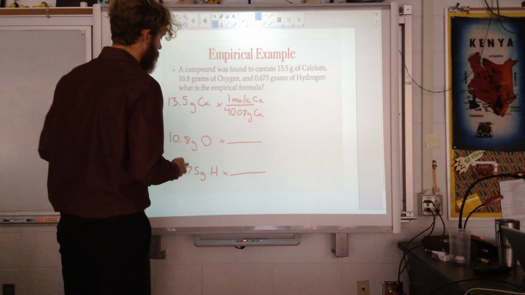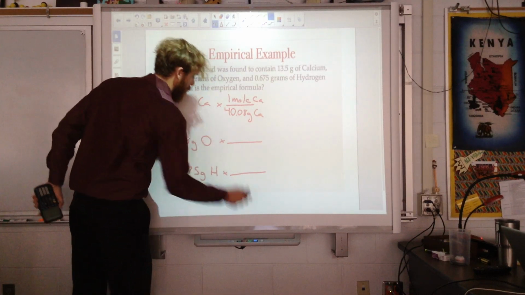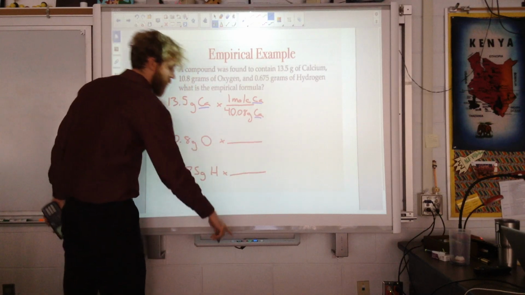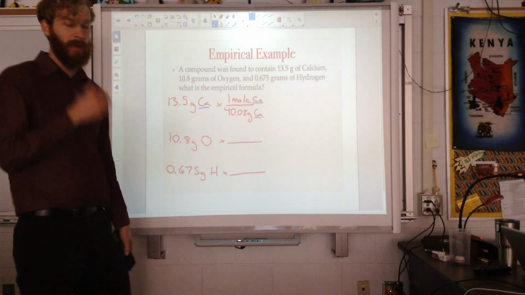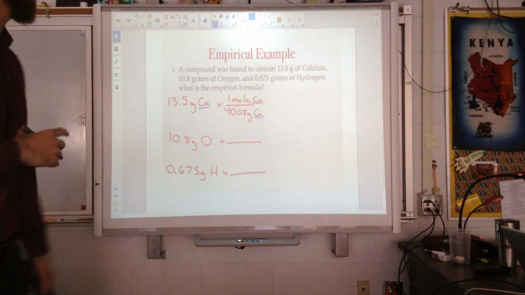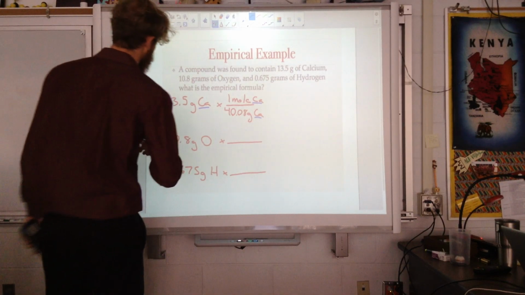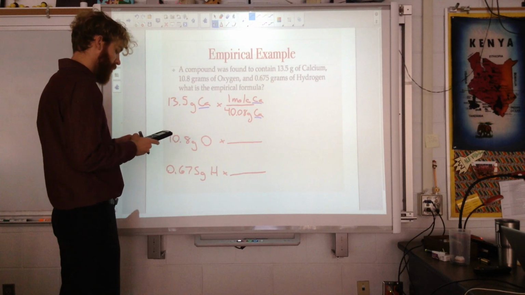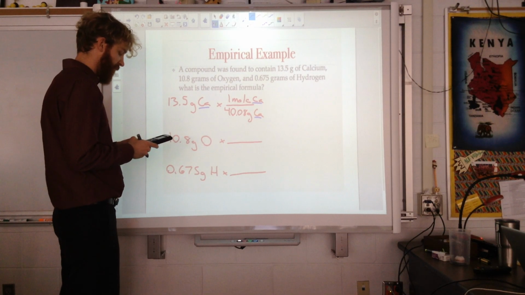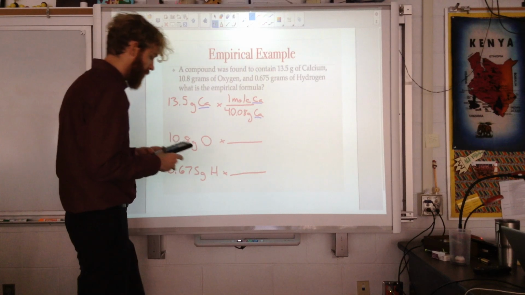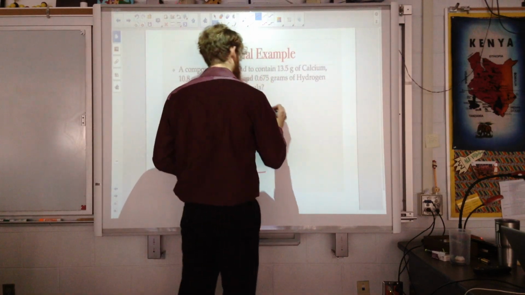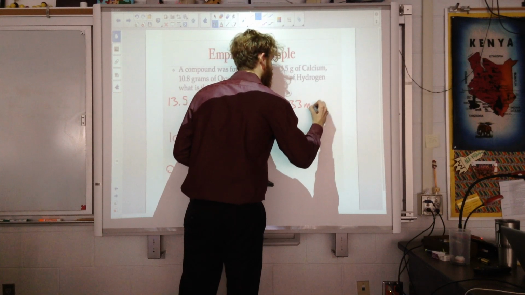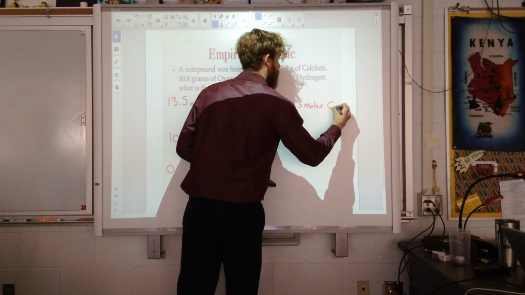And with your units, it's very good practice to include what the element is, so that when we get to step 2 and step 3, it's a little bit easier to not get lost. So we can plug that into our calculator, 13.5 divided by 40.08, and that gives us 0.33 moles of calcium.